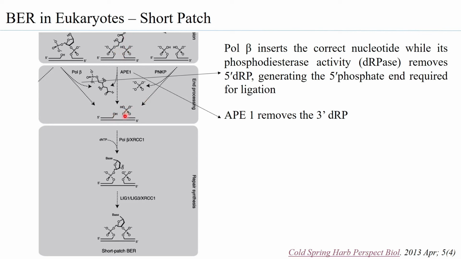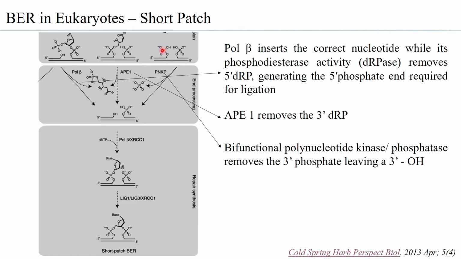So that is what is happening. Now, in case where the DNA glycosylase was able to carry out beta elimination as well as delta elimination, leaving two phosphates present, 3' phosphate as well as 5' phosphate, this phosphate has to be removed.